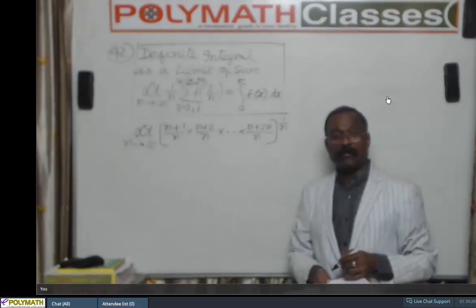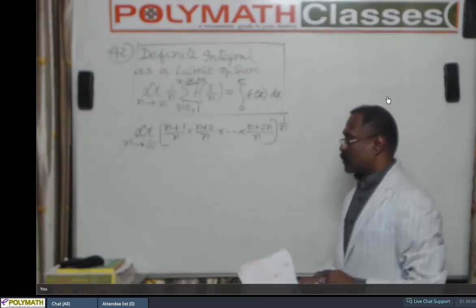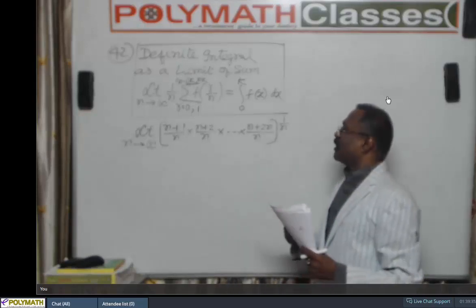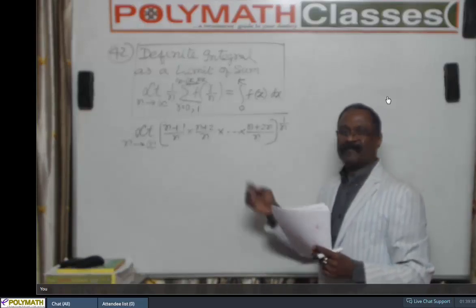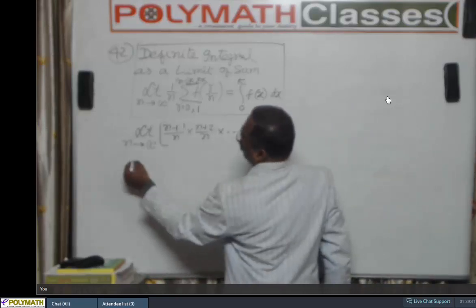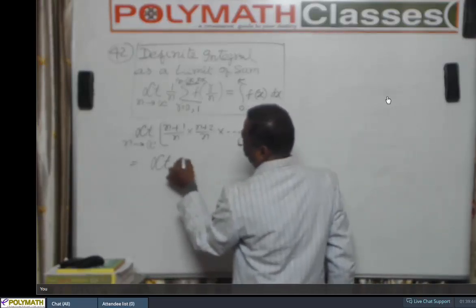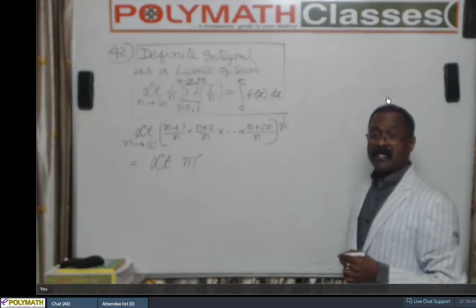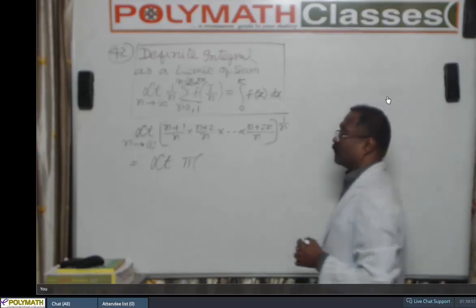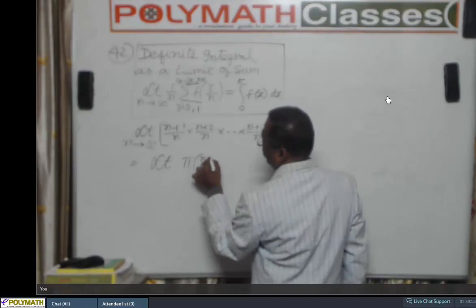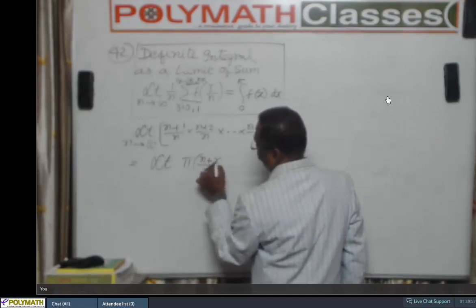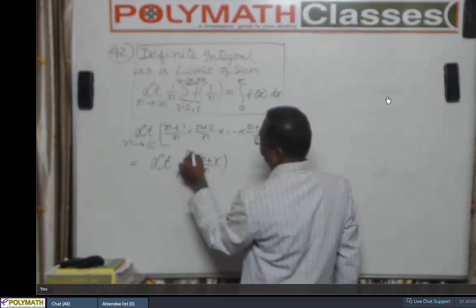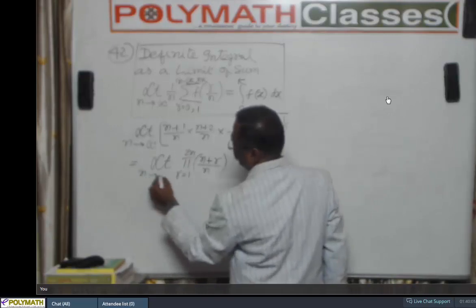This is the alteration we made to the given problem. Now you can see the product here. Limit of product, where pi stands for product and sigma stands for summation: pi of (n plus r by n), r runs from 1 to 2n, as n tends to infinity.